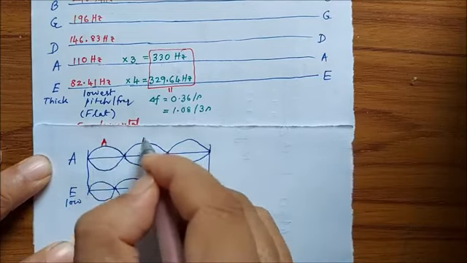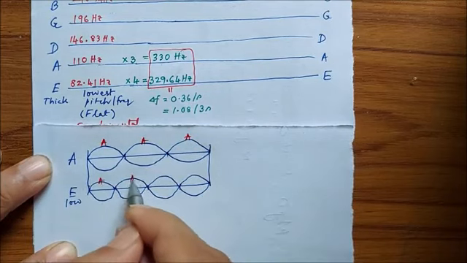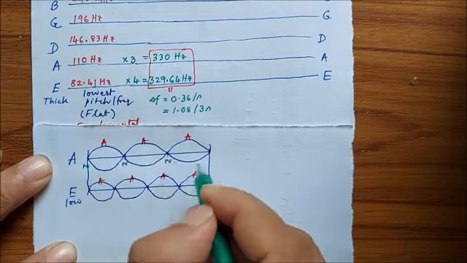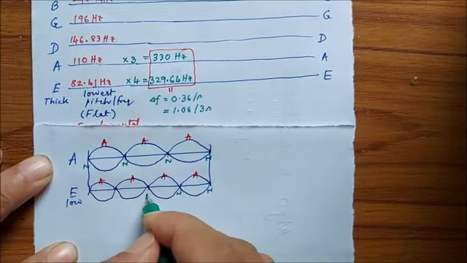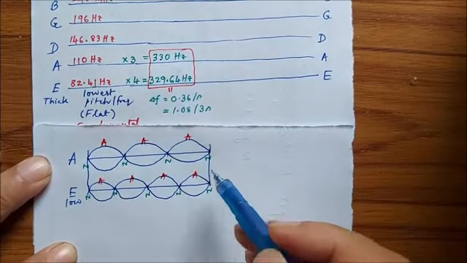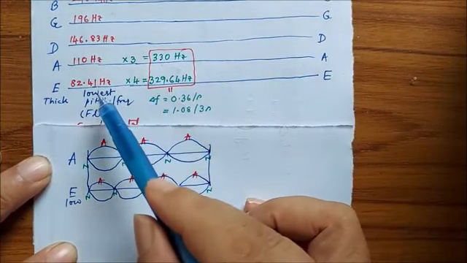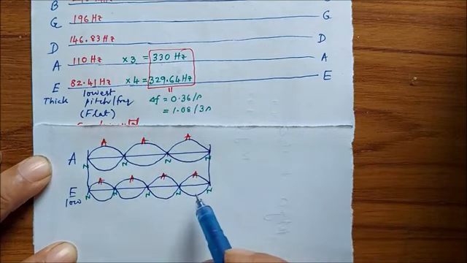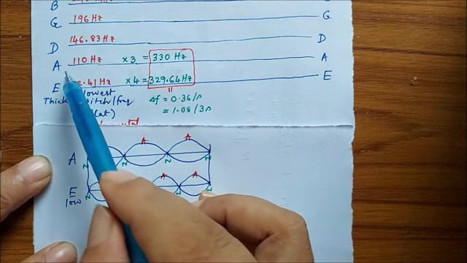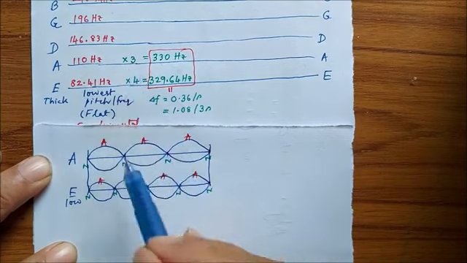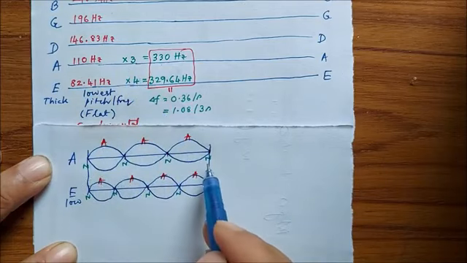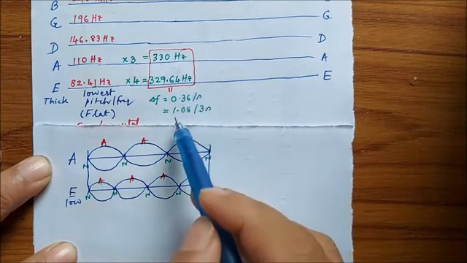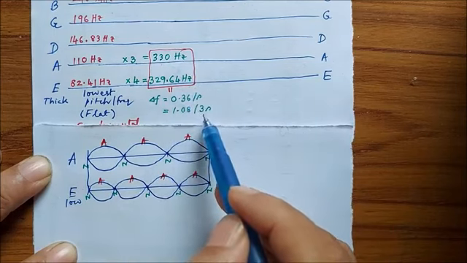So this is antinode, and these are nodes. So clearly the fourth harmonic of E vibrates in 4 antinodes and 5 nodes, whereas the string A generates the third harmonic when it vibrates with 3 antinodes and 4 nodes. And then their frequencies are slightly different so as to produce 1 beat in 3 seconds.